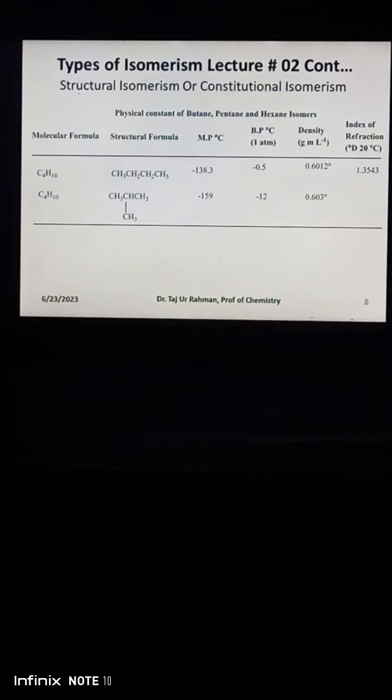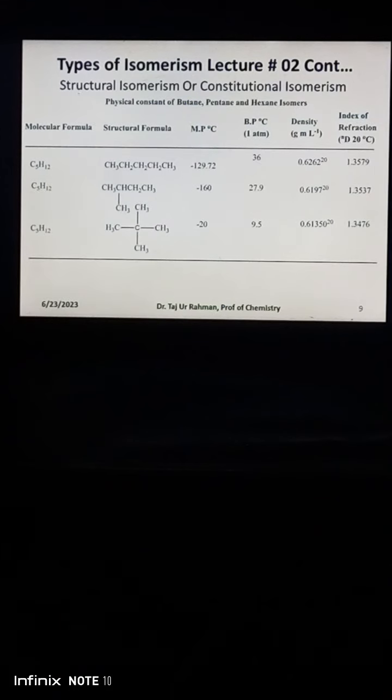The detailed comparison of the physical properties of butane, pentane, and hexane isomers is shown in tabular form. This is butane and it has these two possible isomers and these are the physical properties of these two isomers, and these physical properties are different from each other.